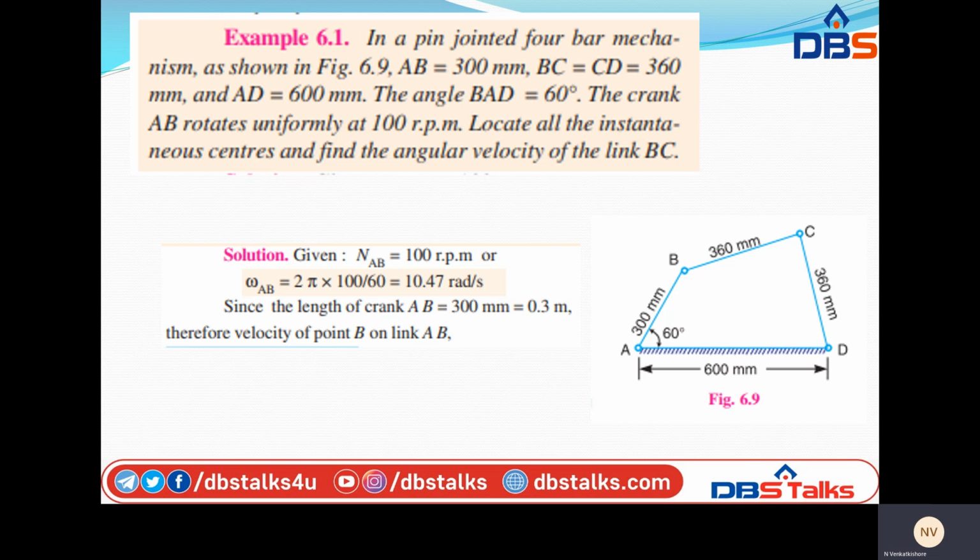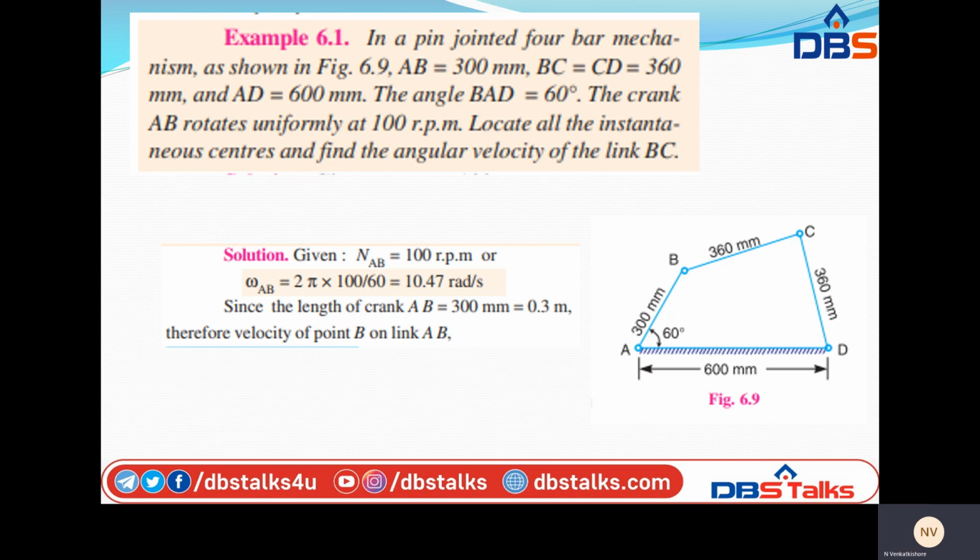The angle BAD equals 60 degrees. The crank AB rotates uniformly at 100 rpm. Locate all the instantaneous centers and find the angular velocity of the link BC.